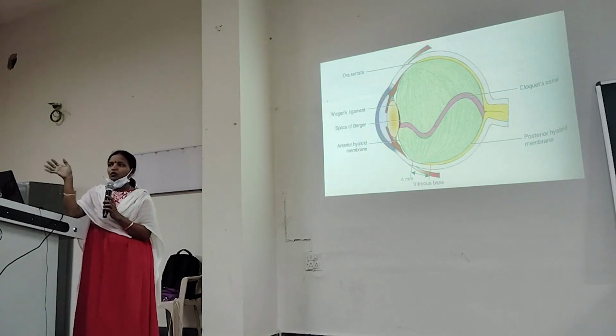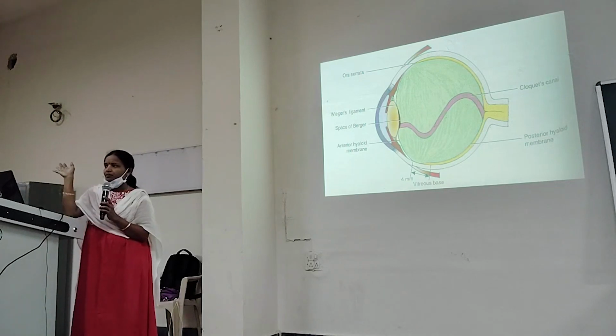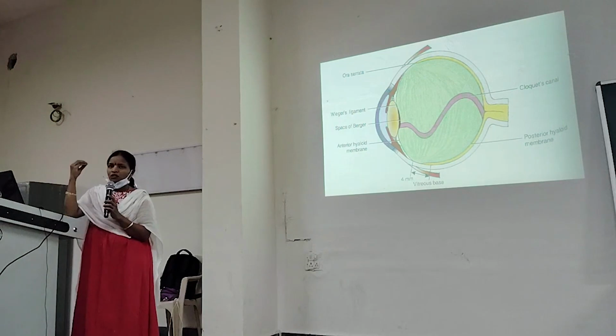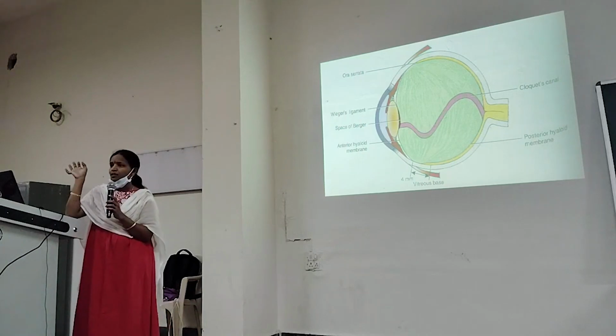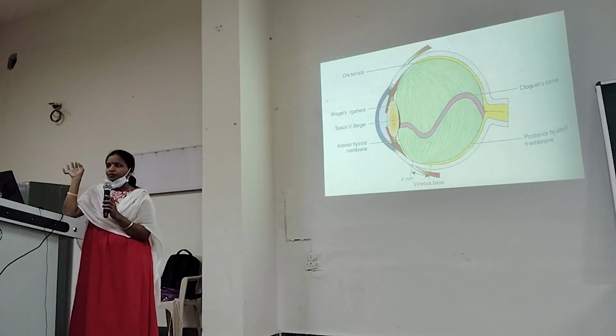Lens contributes around 35% of the refraction and cornea contributes around 65% of the refraction. So these two structures should always be maintained in a transparent state. That's why these two structures are avascular. Remember that. Whenever there is any vascularization of the cornea or any disturbance in the lens metabolism, they become opaque.